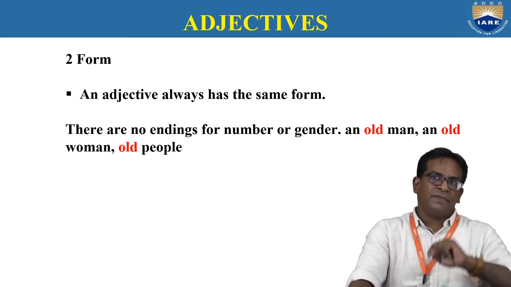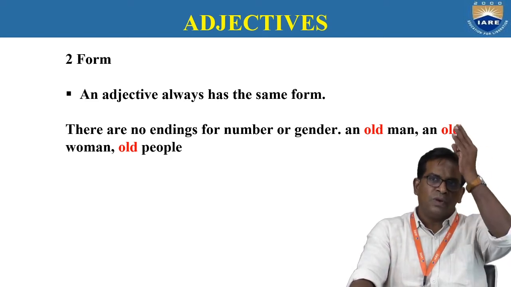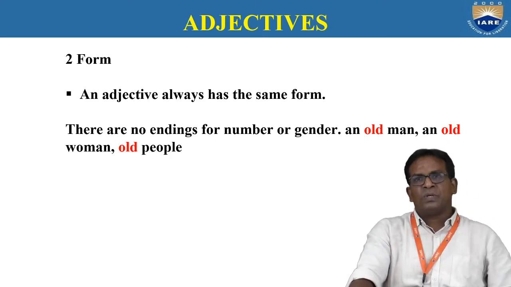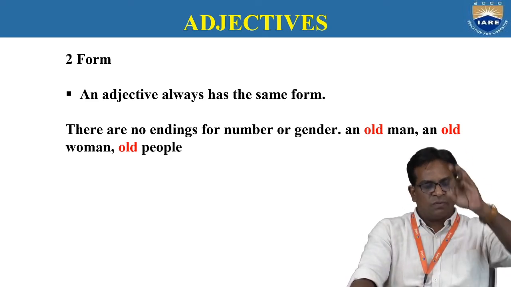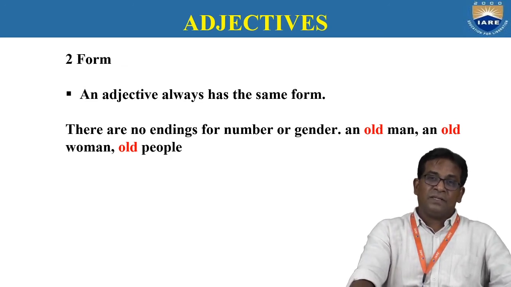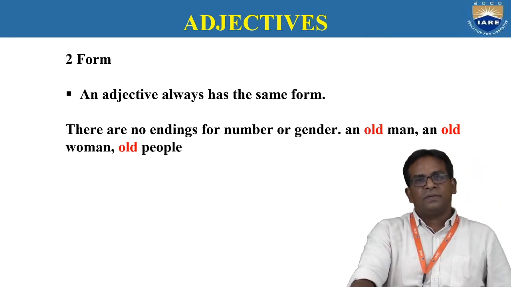But English is different. The exact word you are using for masculine, feminine, and neutral, whatever it is, the word is the same, the adjective is the same. So that is very comfortable in the English language. There is no confusion in English.